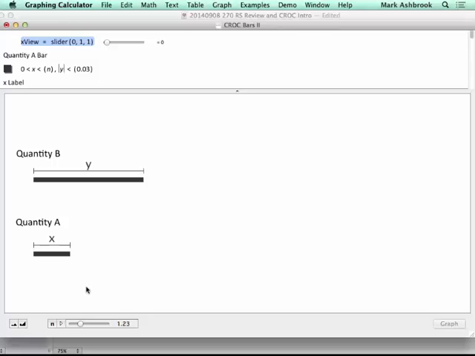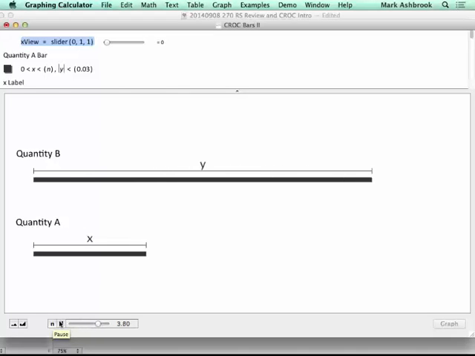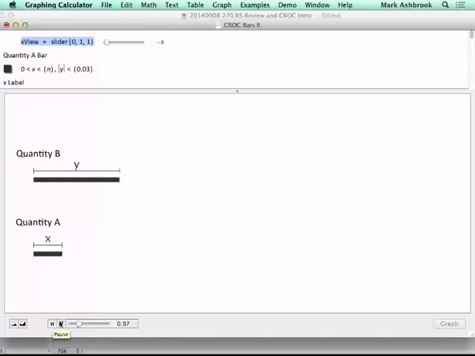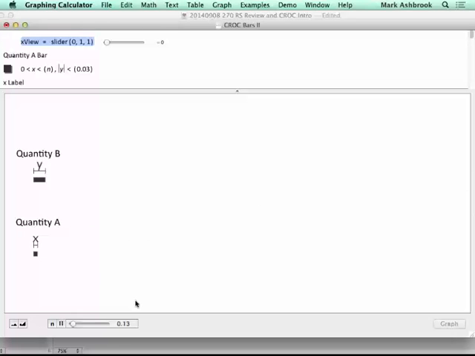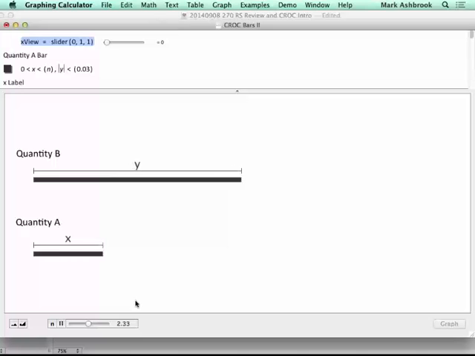The size of B relative to A. Somewhere between 3 and 4. Oh, 3 over. It's close to 3. What do you think? Size of B relative to A is somewhere around 3. Okay, let me give you some help.